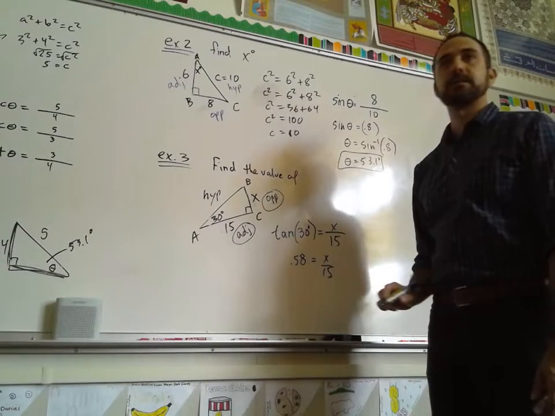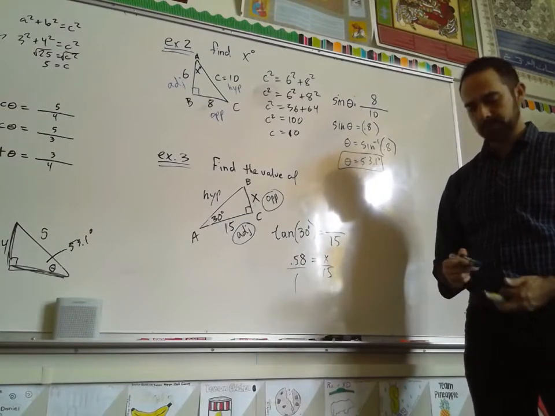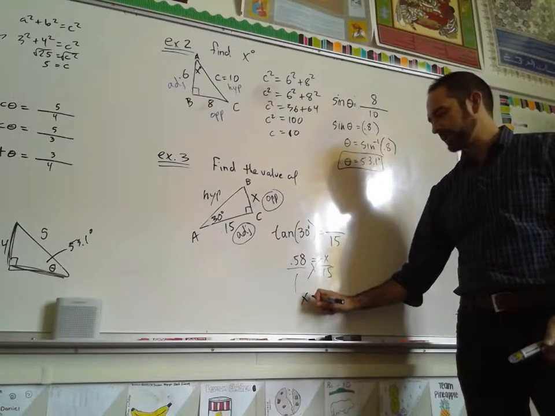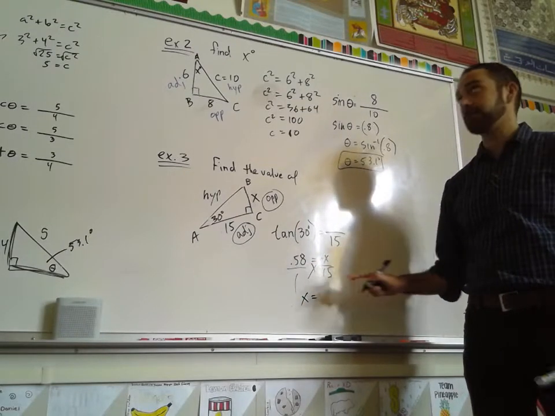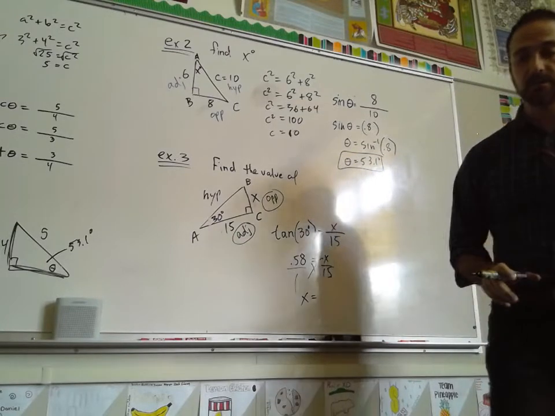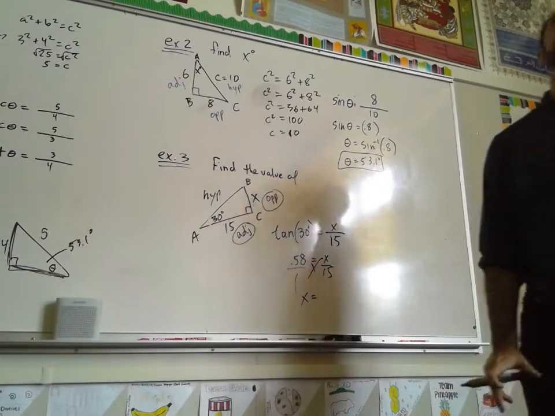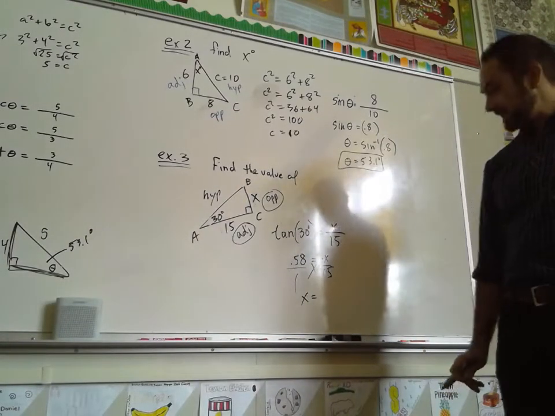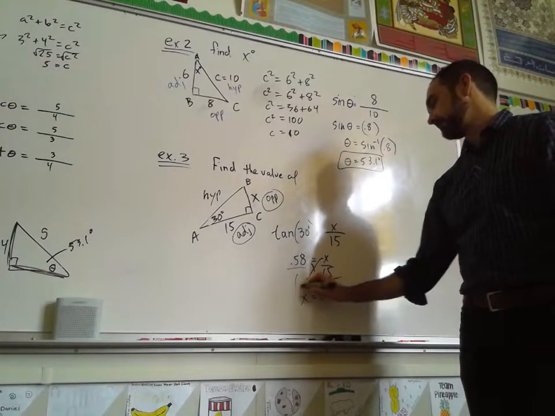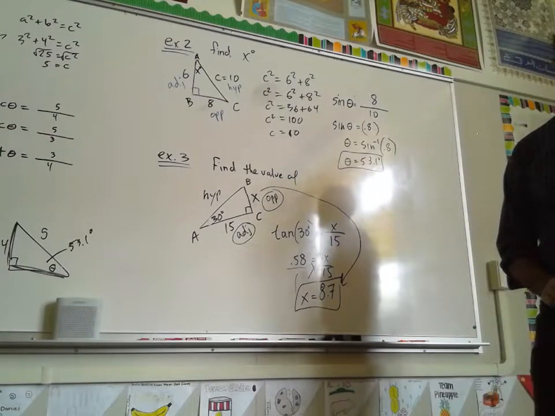Now you could cross multiply. x is whatever this is times 15, which is 8.7. So we just found that this side is 8.7.